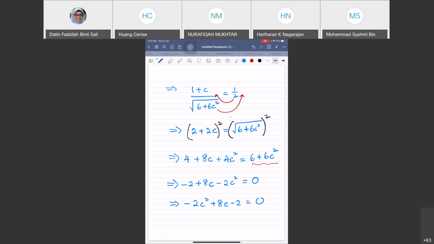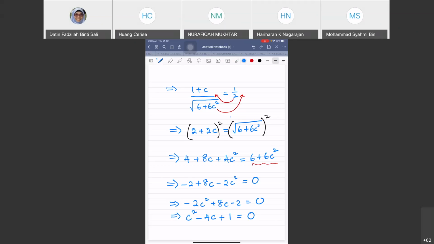So I divide both sides by -2, which means my quadratic equation now becomes c squared minus 4c plus 1. Do you get it like this, Shami? No, madam. Okay, so this is the one.